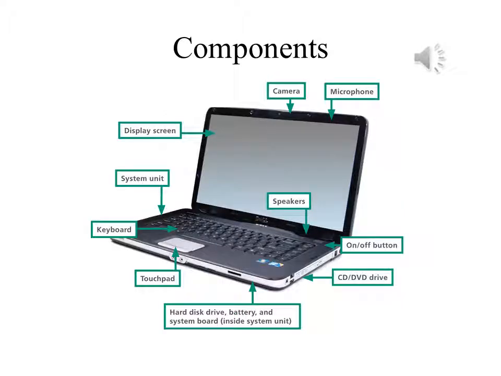You see here a computer with an obviously different design. But other than the touchpad replacing a mouse, the components are basically all the same as in the component system. This is designed to be much more portable than a component system, which you can see is clearly the case.